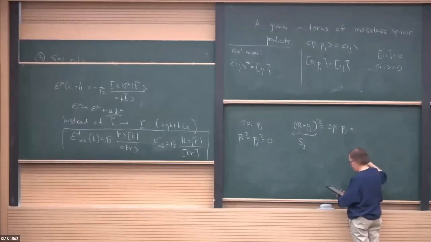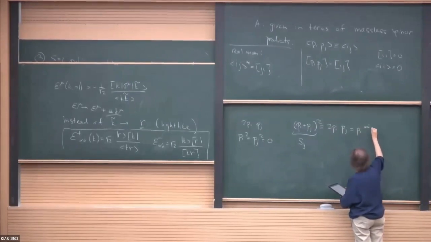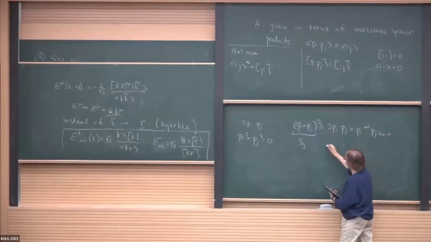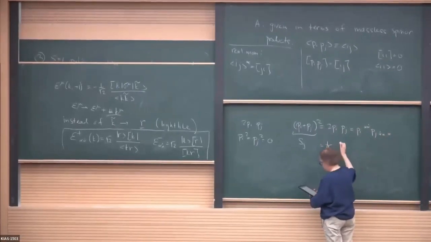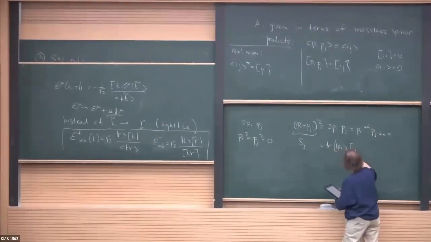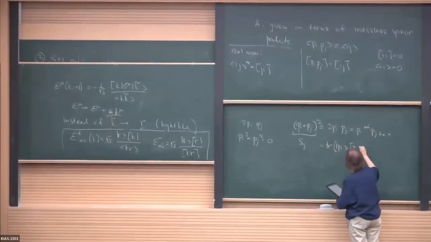I can write this as Pi alpha alpha dot Pj alpha dot alpha, which I can write as the trace of Pi Pj.